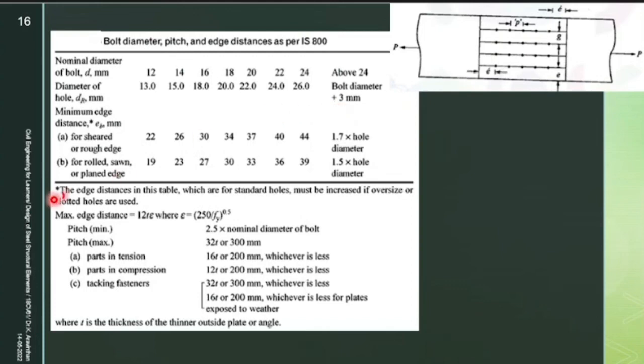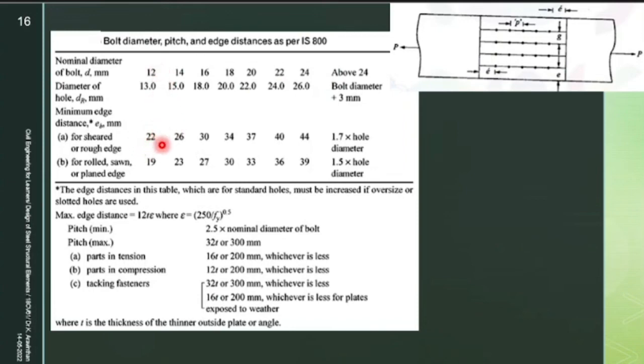Okay. Next, for minimum edge distance: the edge is the extreme point, and the distance from this edge to the nearest bolt is known as the edge distance. So what is the edge distance for a 12 mm bolt?